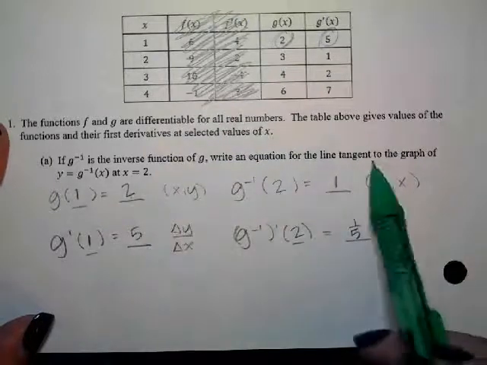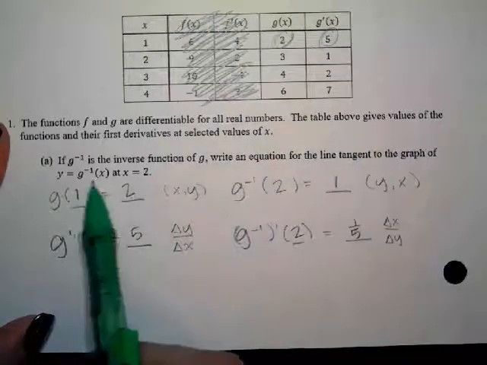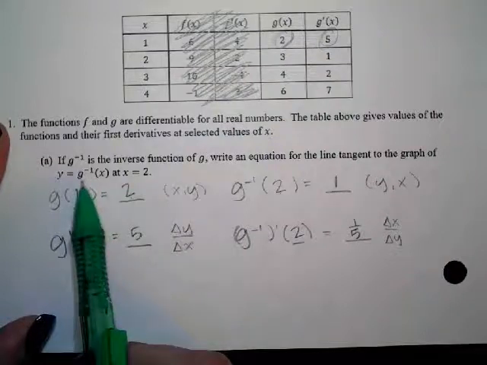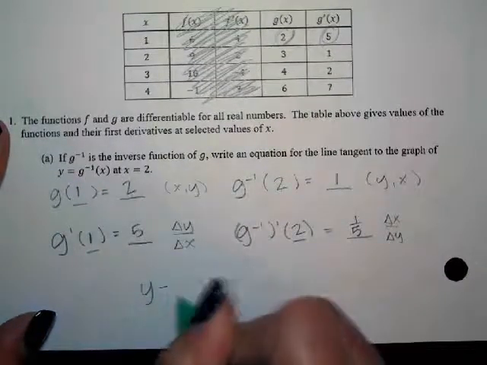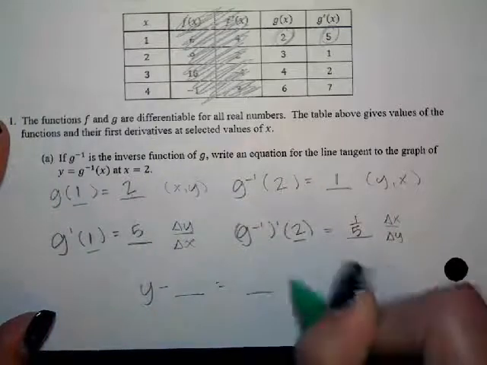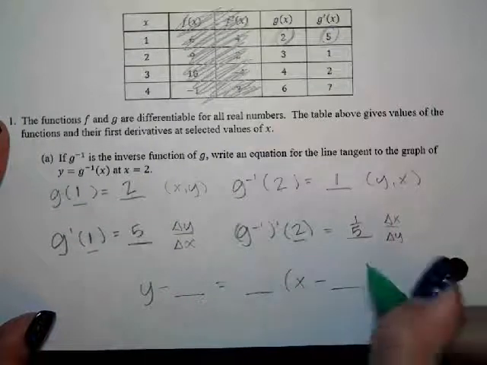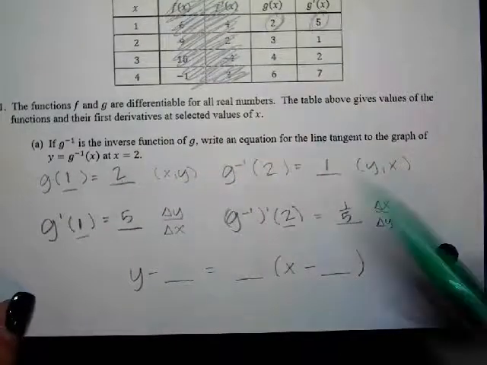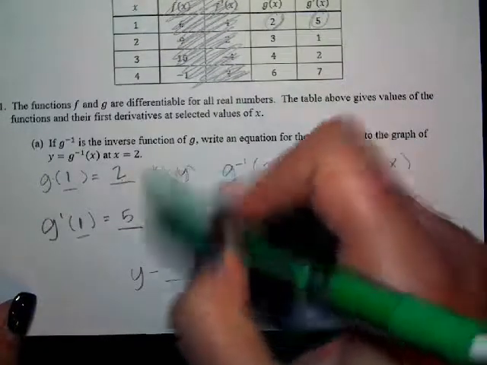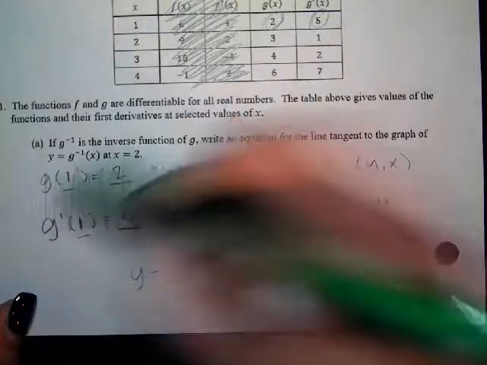Okay? Now they're saying write your tangent line for g inverse. So we have y minus a y coordinate equals a slope times x minus an x coordinate. And we're doing it for g inverse. So we don't even need this. This helped us, but we don't need it.